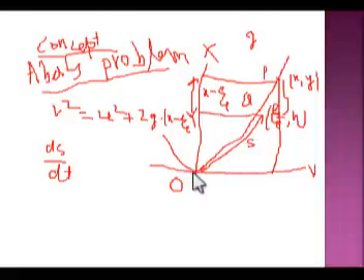If we take this direction as positive, then the reverse direction is negative. Since the distance is measured from the origin, it will be negative, so v is equal to ds by dt, negative actually.